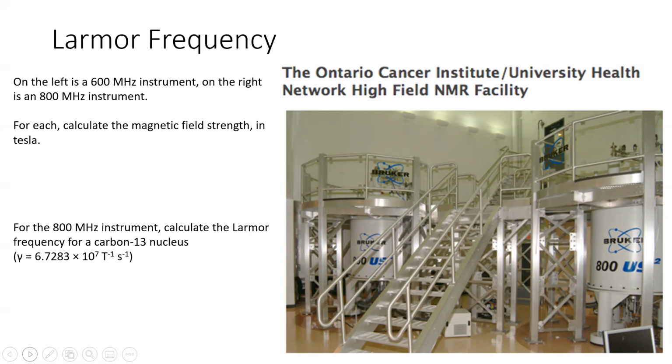If you look at that table that we had of the gyromagnetic ratios, carbon is by far the smallest of those four. And so we need a bigger magnet to get similar resolution for carbon as we get for hydrogen proton NMR.